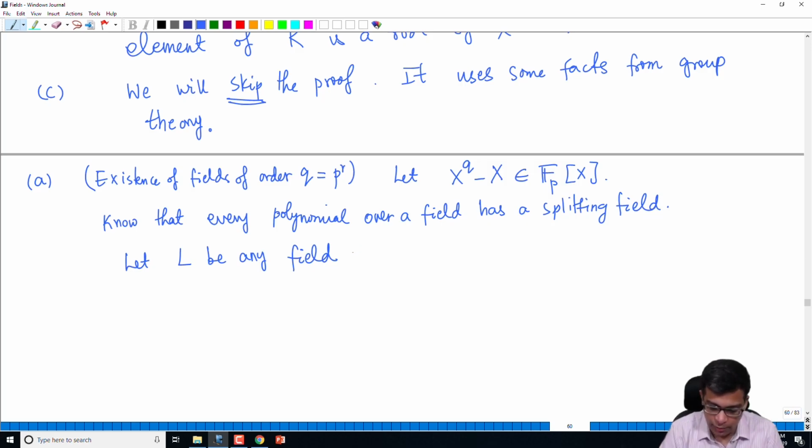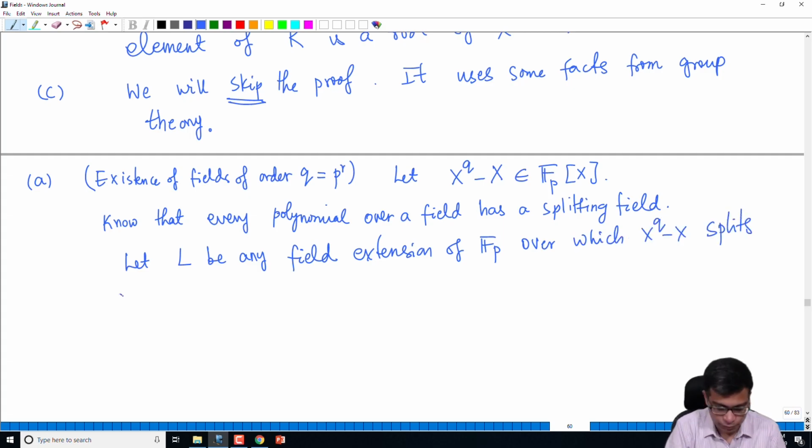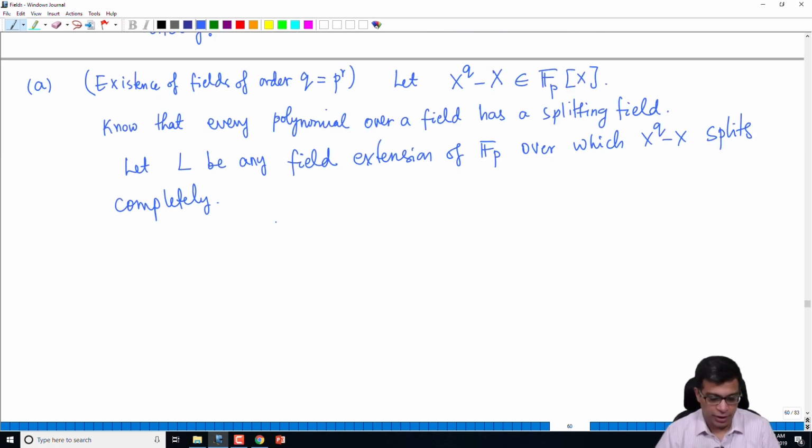Let L be any field extension of Fp over which x power q minus x splits completely. So we have such a field. So you have Fp here and some extension exists where x power q minus x splits completely. That means it is a product of linear polynomials. What we want is to just look at the roots of this.